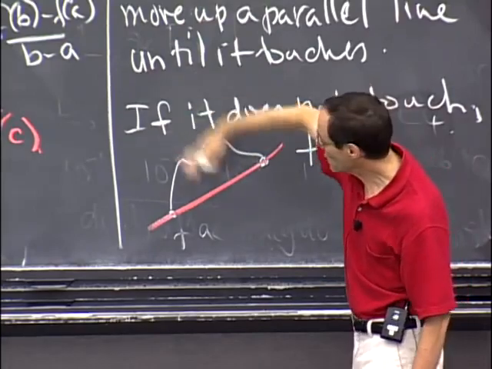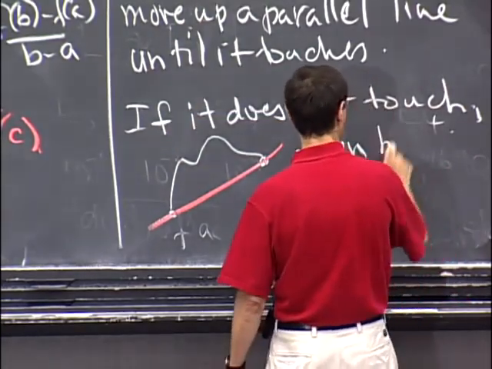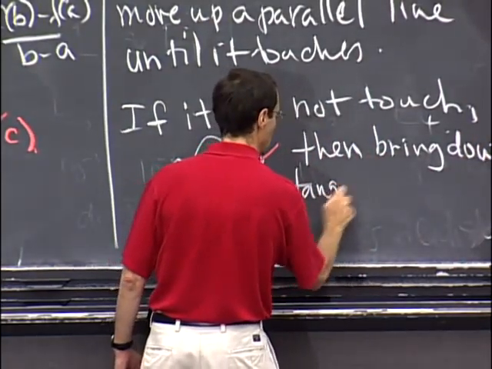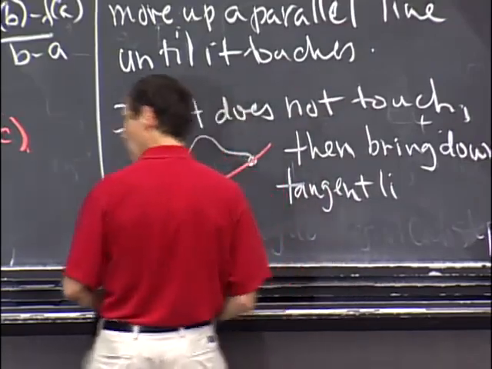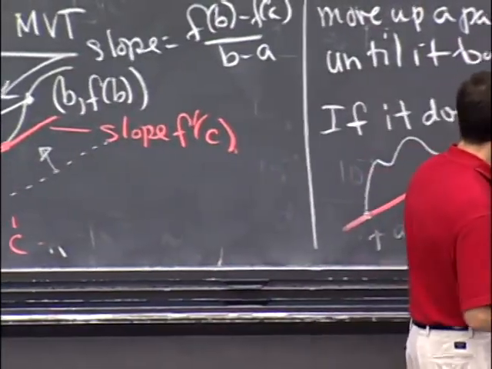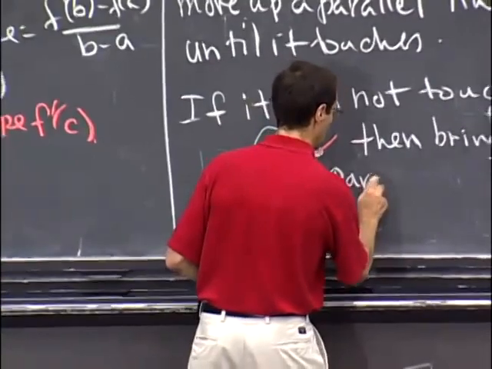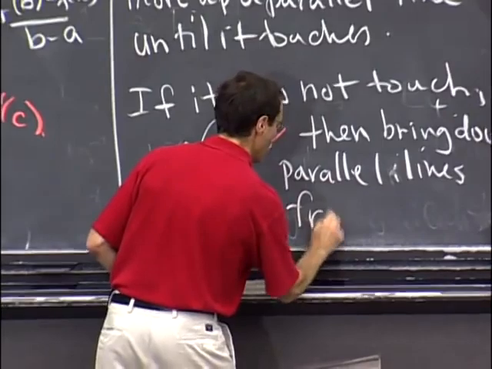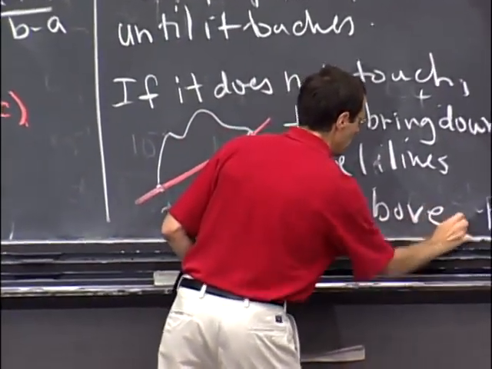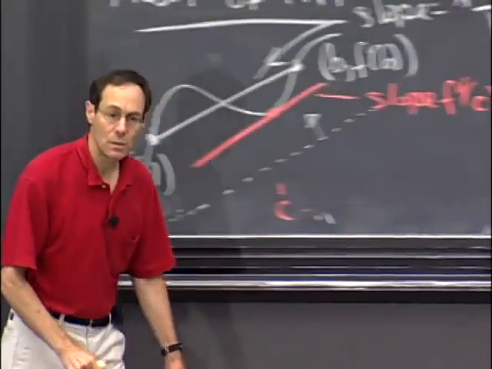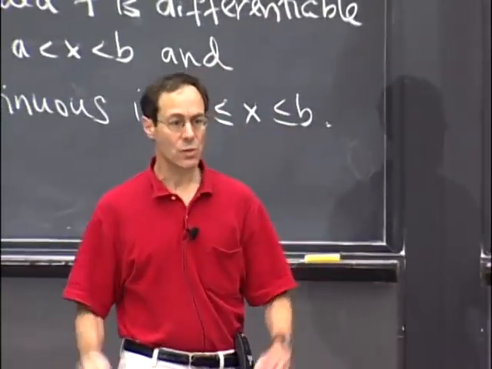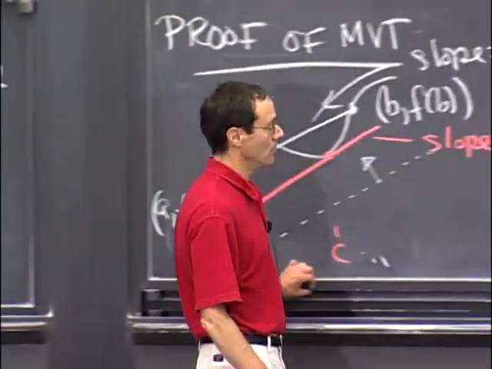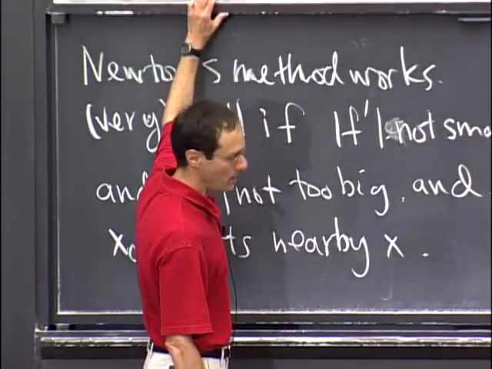Bring the parallel lines down from the top. Parallel lines, sorry, not tangent lines. From above. All right? So that's the whole story. That's how we cook up this point C with the right properties.